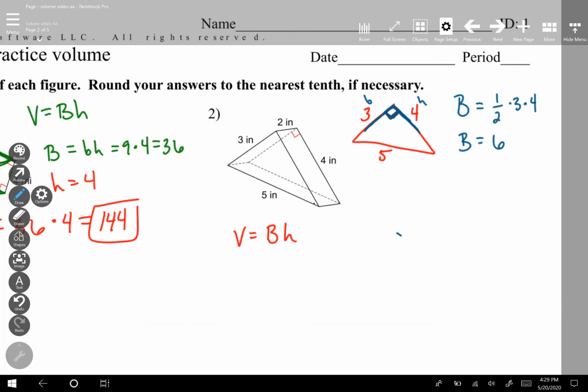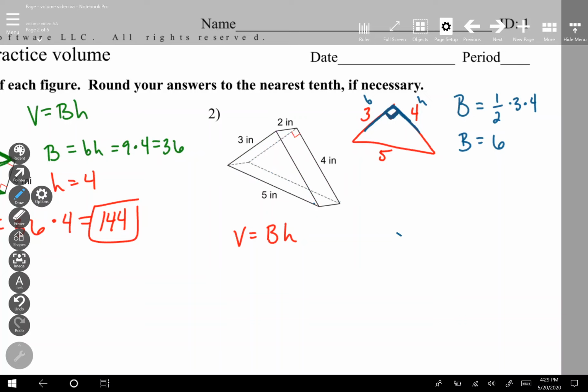I'm going to go with a rectangular prism here. I'm going to say it's 3 by 4 by 5. I'm going to say the scale factor is going to be 3.